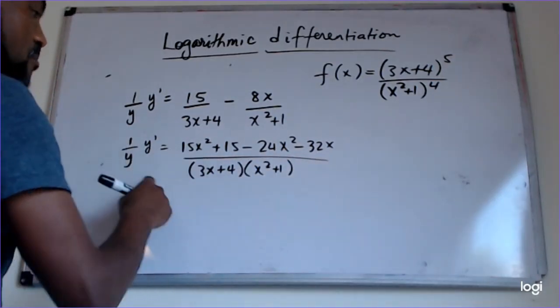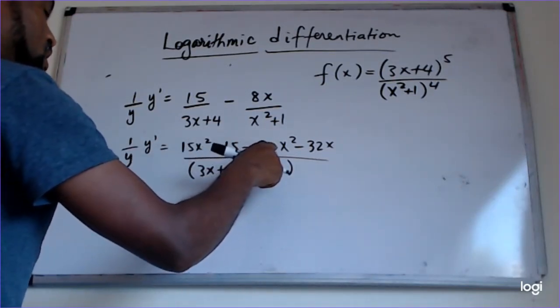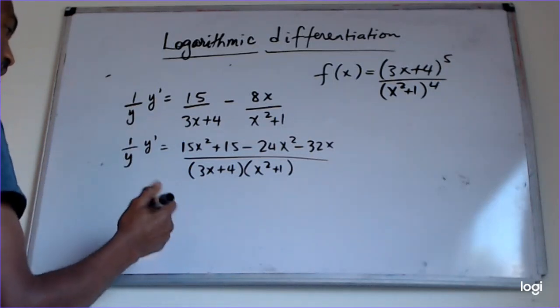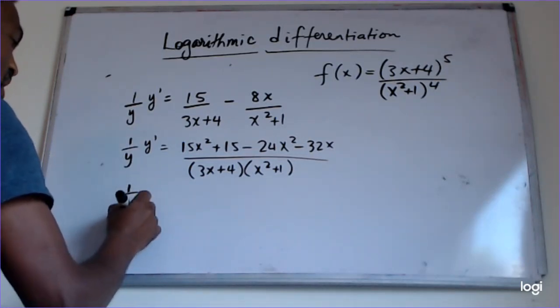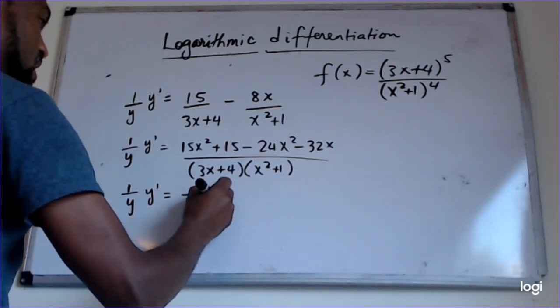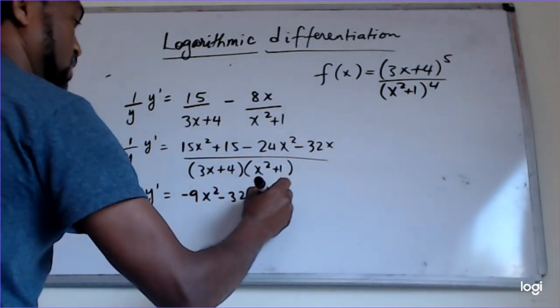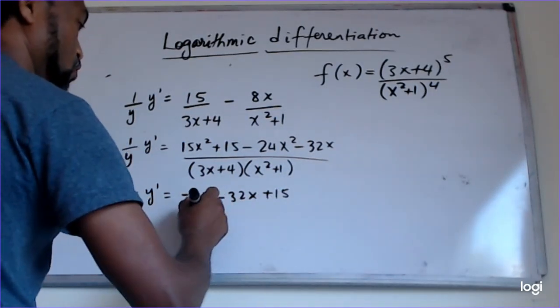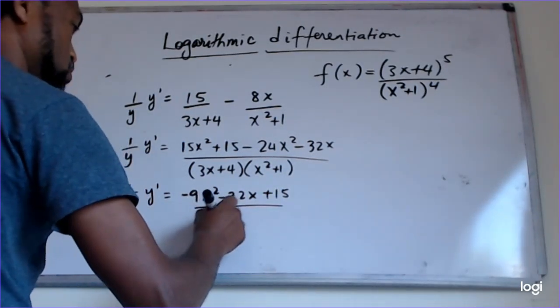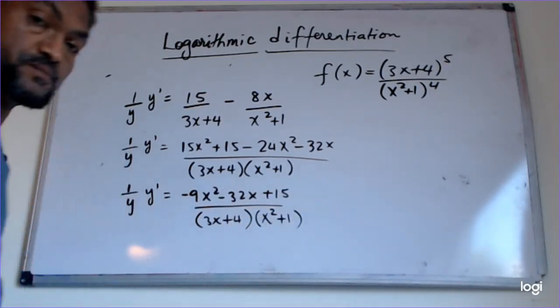I can now combine like terms: 15x squared minus 24x squared is negative 9x squared. So that's 1 over y times y prime equals negative 9x squared minus 32x plus 15 over (3x plus 4) times (x squared plus 1).